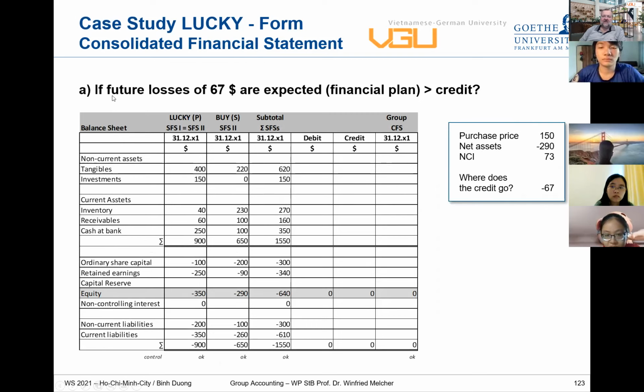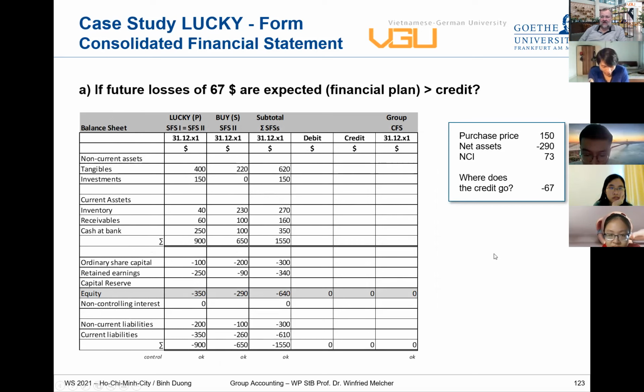The first situation is we look at the financial planning of the buyer, and then we find out, oops, they will make losses in the future, and those losses are around 67. So what do we do with this credit now?